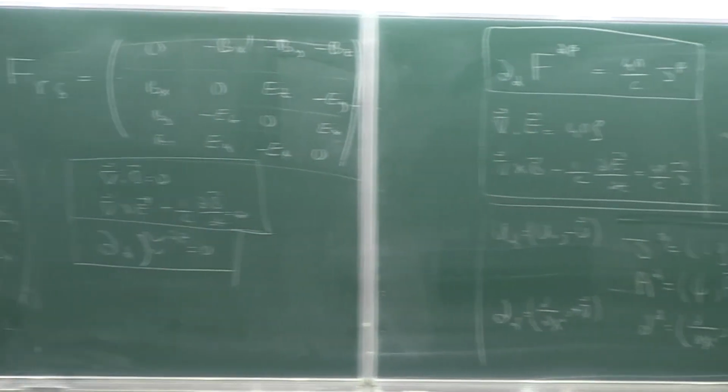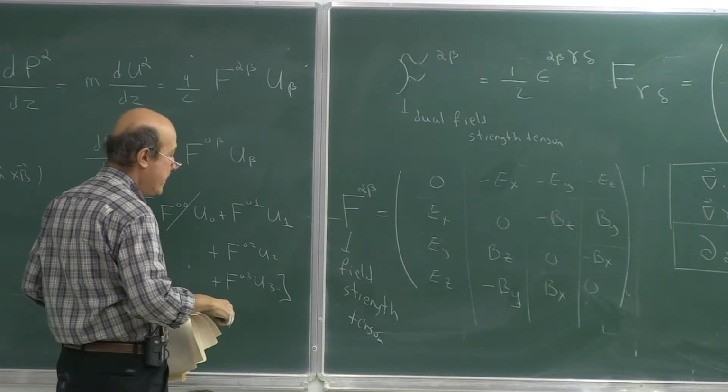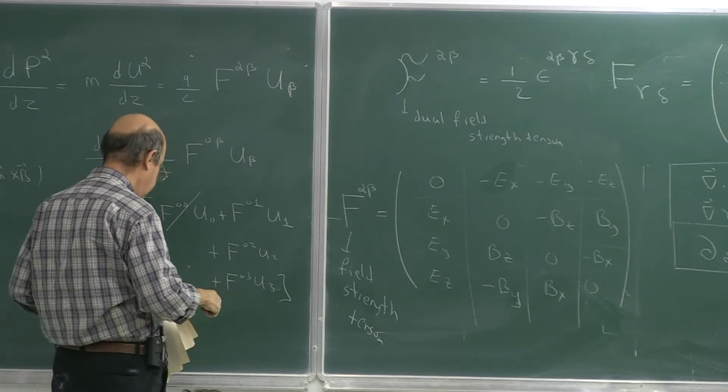Therefore 0 1 is minus Ex, and u1 is the x component with minus sign.